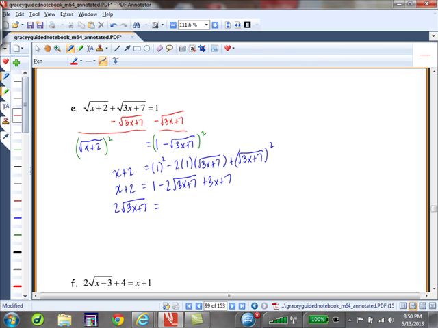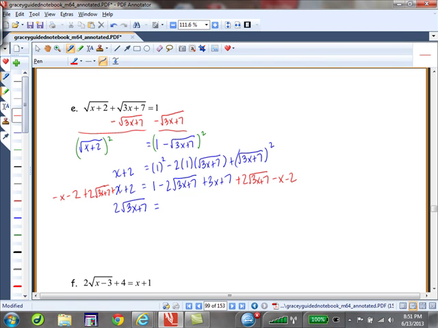So I'll write that out. So I subtracted 2 root 3x plus 7. No, I added, my apologies. All right, so I'm adding 2 times root 3x plus 7 to both sides. And then I'm going to subtract an x and I'm going to subtract a 2. So I'm working horizontally here.